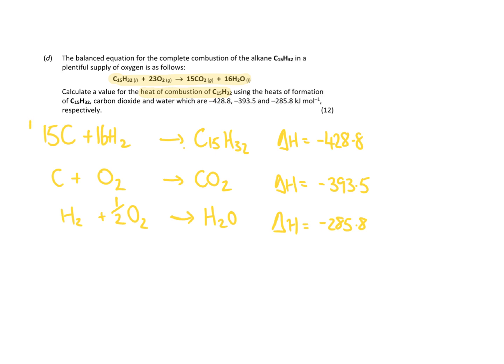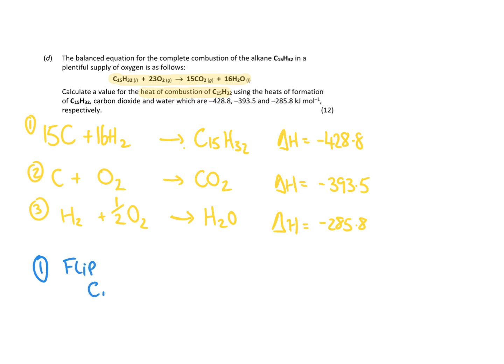So these are the equations that we're working with. I'm just going to number them 1, 2, and 3. Let's take equation 1 and look at what is of interest to us in it. I can see that the C15H32 is of interest to me in equation 1, but it is on the incorrect side for our target equation. So the first thing I'm going to have to do with equation 1 is flip it.